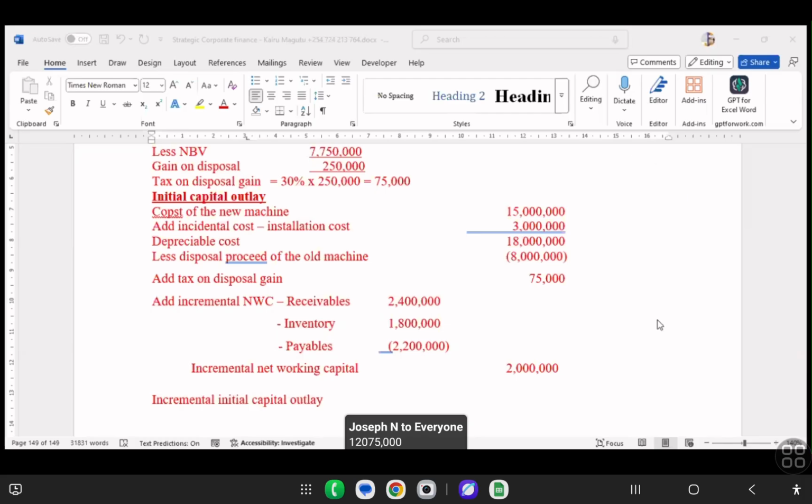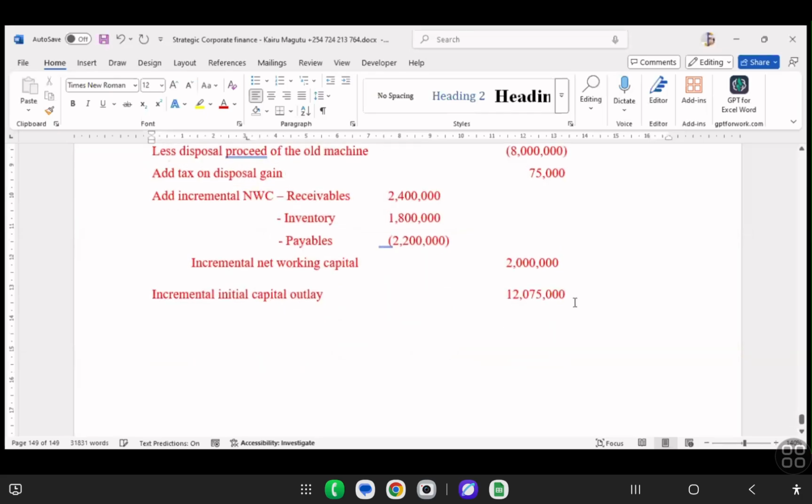So I think the answer that is given by a majority is 12,075. Let me use 12,075. That is the initial capital outlay.